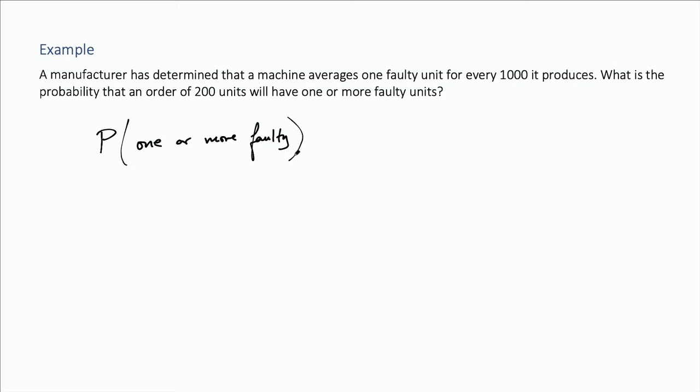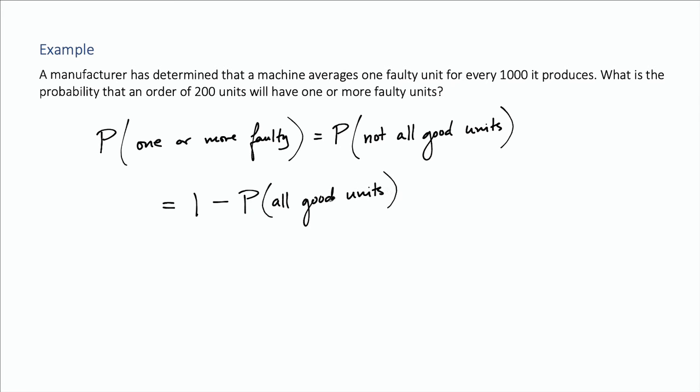Okay, so I'm going to say this is the same thing as the probability of not all good units. Okay, that's the same thing, right? 1 or more means that we didn't end up with all good units. And now that word not right there, that indicates to us that we can use a complement. This is going to be 1 minus the probability that they're all good units.